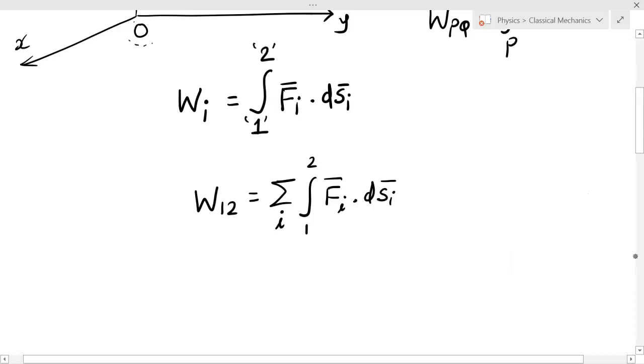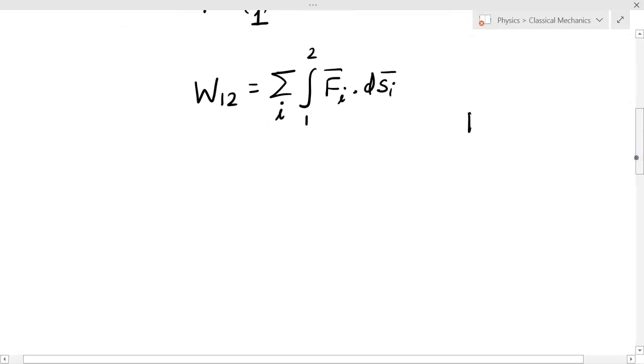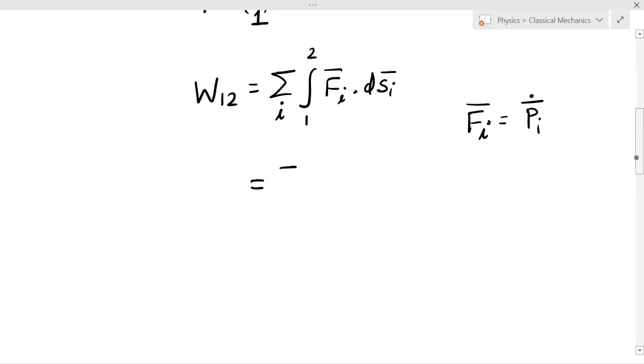So I will write it like this, but we already know that Fi bar is equal to Pi bar dot, because the force on the ith particle is nothing but the rate of change of momentum of that ith particle. So this will be summation over i, the integral from 1 to 2 of Pi bar dot, dotted with dsi bar.